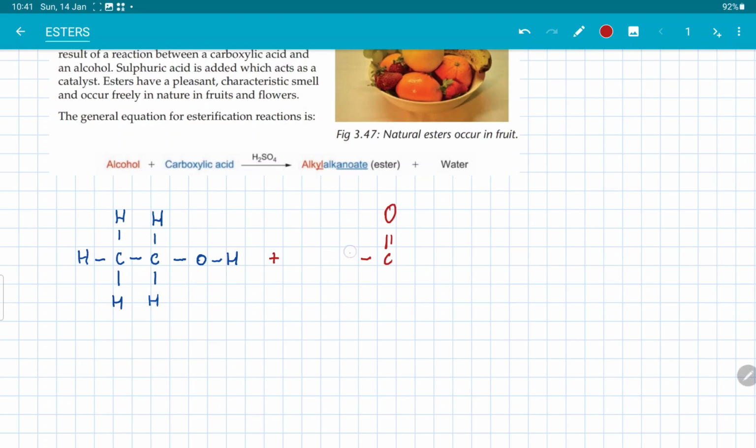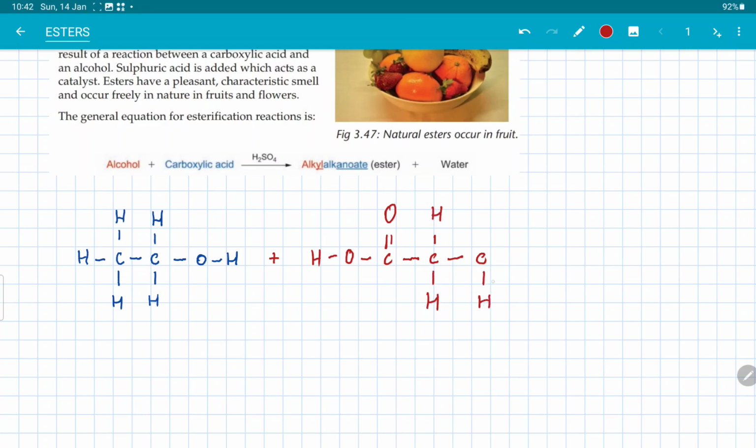I only do OH on the right. Very important. Anyhow, there is our OH. I said propanoic acid, that means 3 carbons.